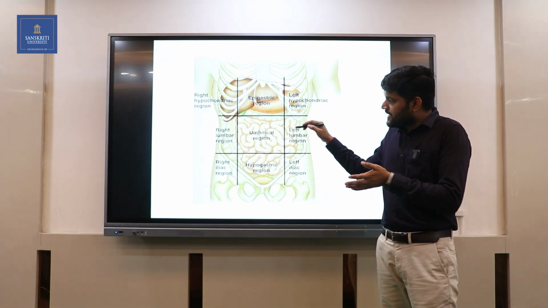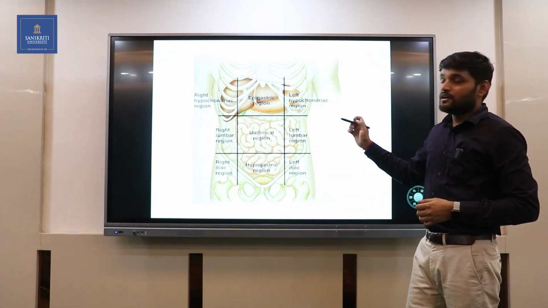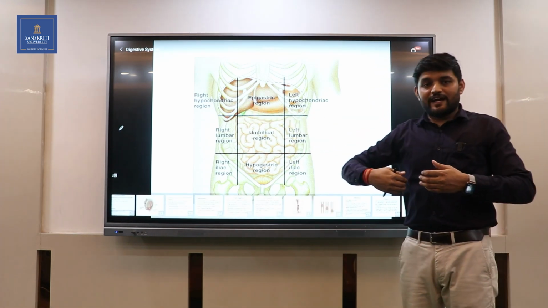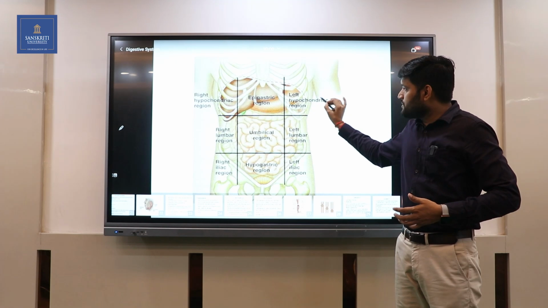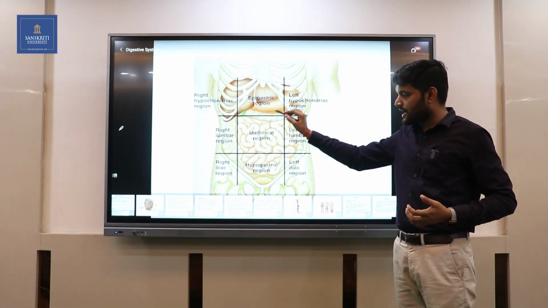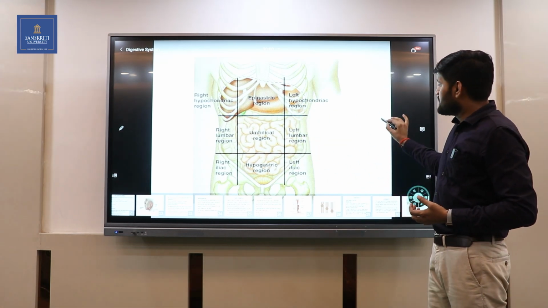So three vertical and three transverse divisions divide it into 9 parts. Different parts of the body are carried out in these regions.